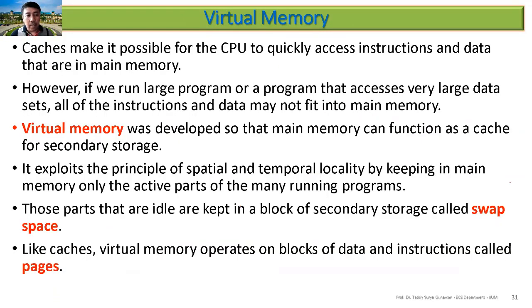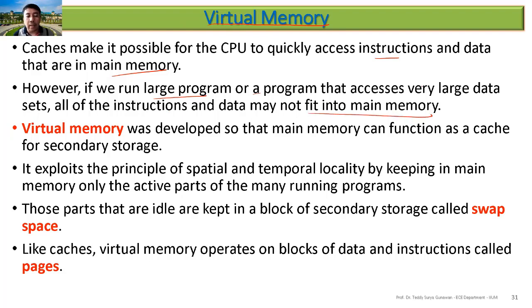Okay, so let's move on. The cache makes it possible. Another solution to the von Neumann bottleneck is to use virtual memory. The cache makes it possible for the CPU to quickly access instructions and data that are in main memory. However, if we run a large program or a program that accesses a very large data set, all of the instructions and data may not fit into the main memory.